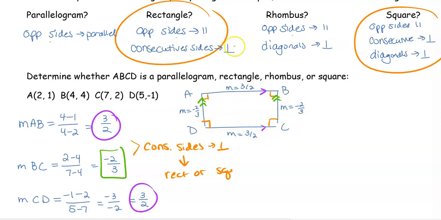Now the only difference between these two shapes is what's going on with the diagonals. So I have diagonal AC and I have diagonal BD. We're going to find the slope of AC. So that's y's on top, 2 minus 1, 7 minus 2. That gives us 1/5 for AC. And then our other diagonal, BD.